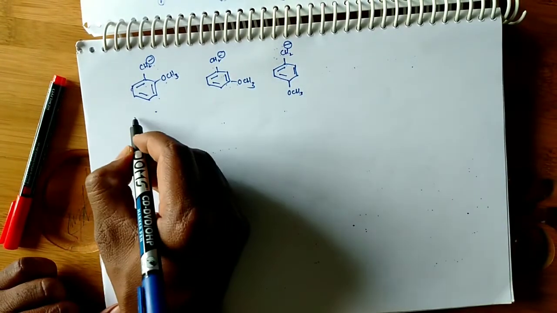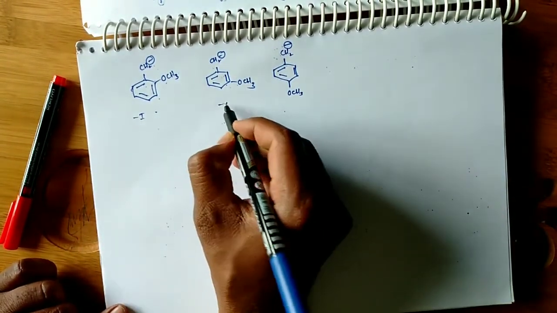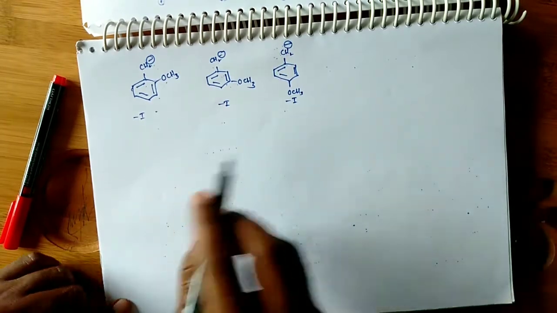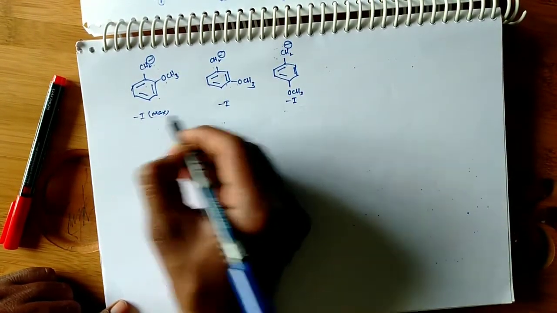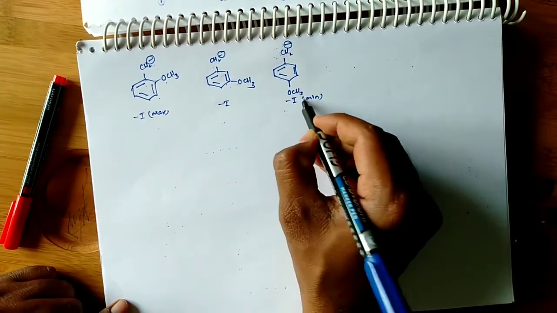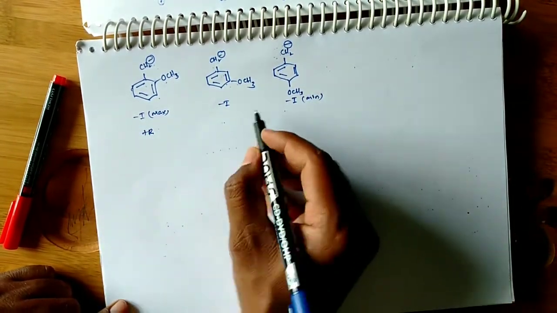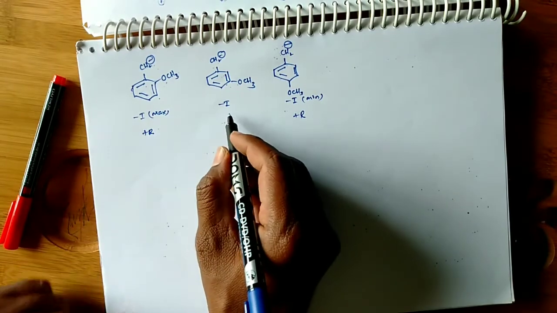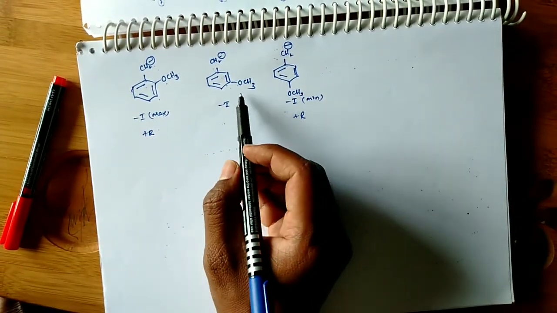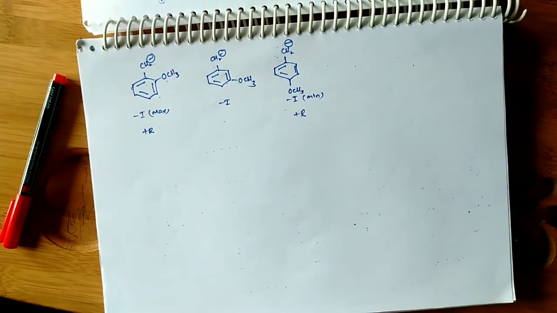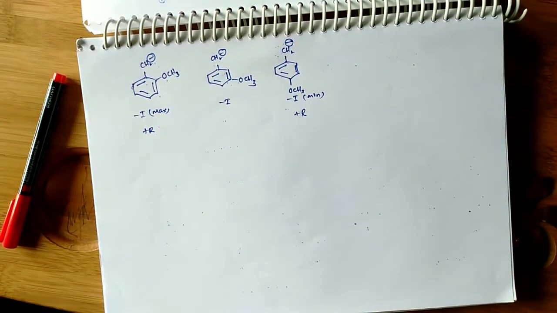Here minus I effect, here minus I effect, here also minus I effect, in three cases. Here minus I effect is maximum, here minus I effect is minimum. Here plus R effect, here plus R effect, there is no plus R effect, no resonance effect at meta position, right?